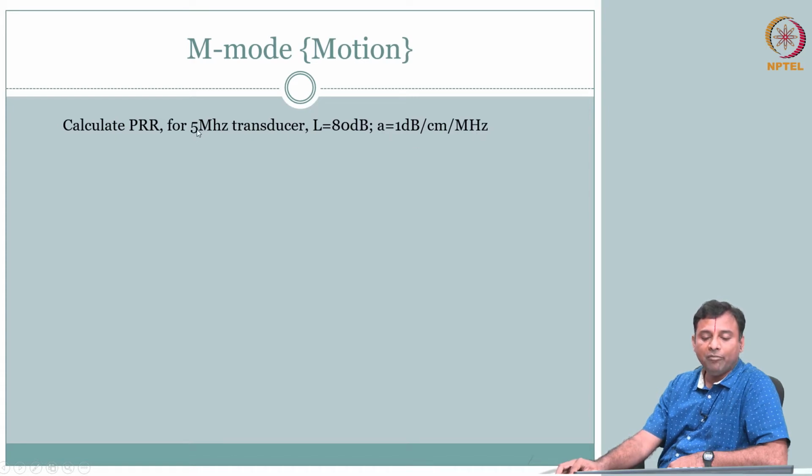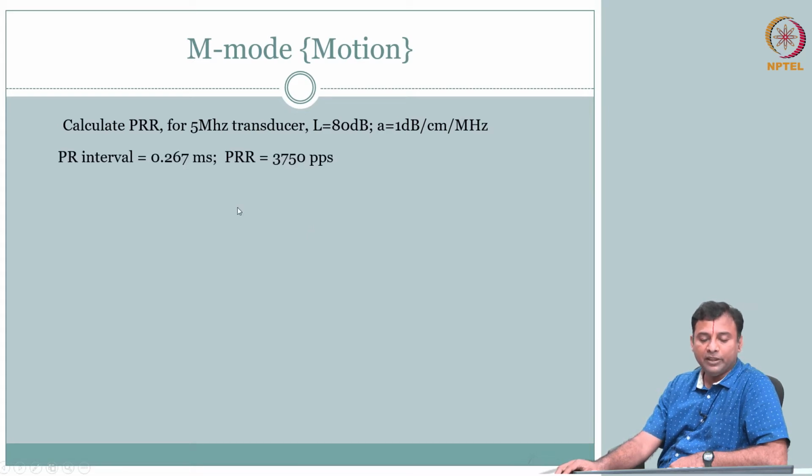That means my alpha is 1 dB per centimeter per megahertz times 5 megahertz, which gives me 5 dB per centimeter. The appreciable loss here is 80 dB. So L is 80 dB divided by 5, and I can easily calculate my depth of penetration.